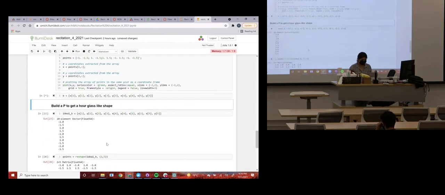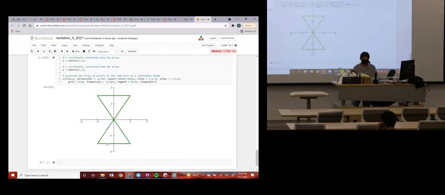And then I'm going to ask you to find the permutation matrix that will give me this hourglass figure. Do you have an idea how that would be? Simple permutations. Does it make sense why this would be a permutation?